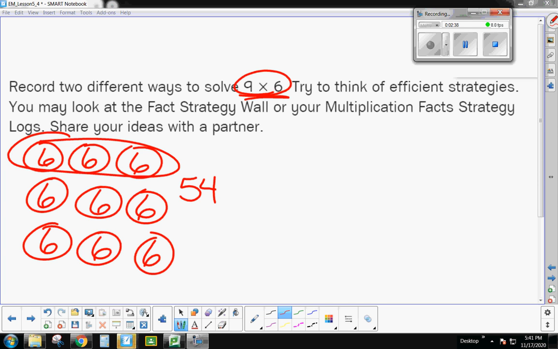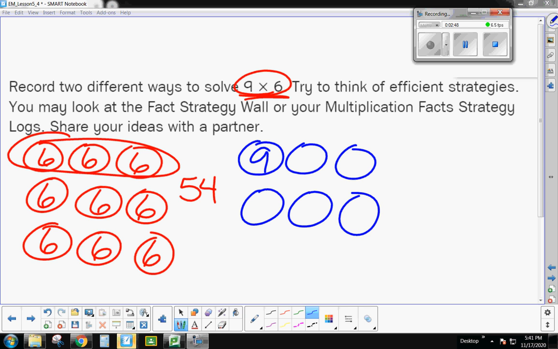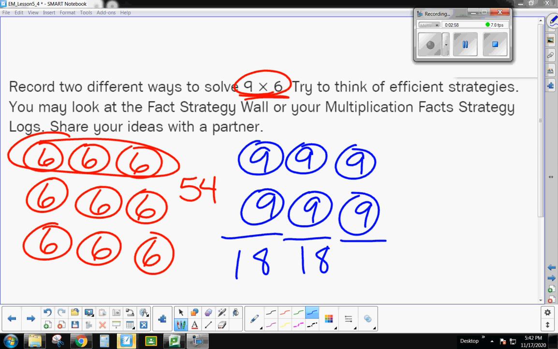Now, you could also turn that around because you know that multiplication has the turnaround rule, and instead of 9 groups of 6, you could do 6 groups of 9. And that might be a little bit quicker because we have fewer numbers to add up. So I could do 9 and 9 is 18, another 9 and 9 is 18, and another 9 and 9 is 18, and then I could add those up.